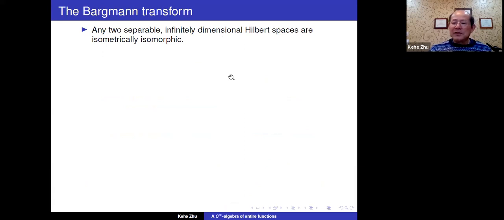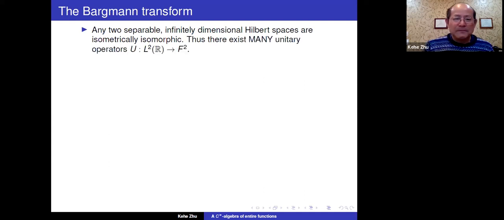Okay. I mentioned earlier that in functional analysis, if you have two infinite dimensional Hilbert spaces, and both are separable, then the two spaces are always isomorphic. And therefore, doing operator theory on one space, theoretically, is the same as doing operator theory on the other space. In particular, over here, I now have two separable Hilbert spaces.